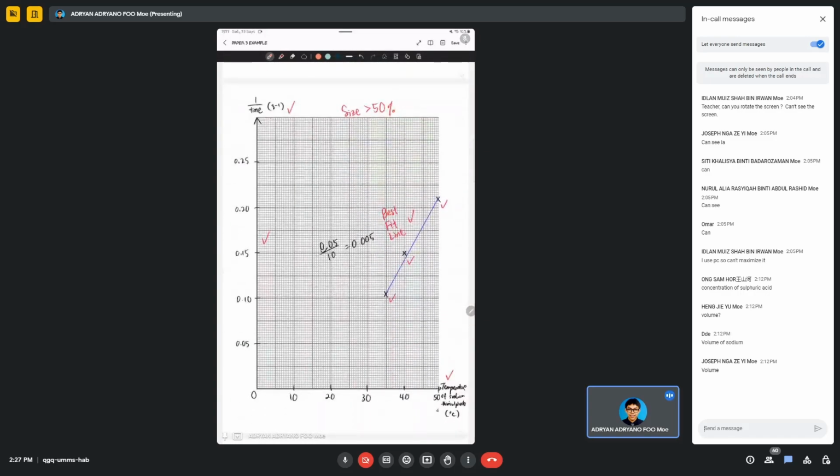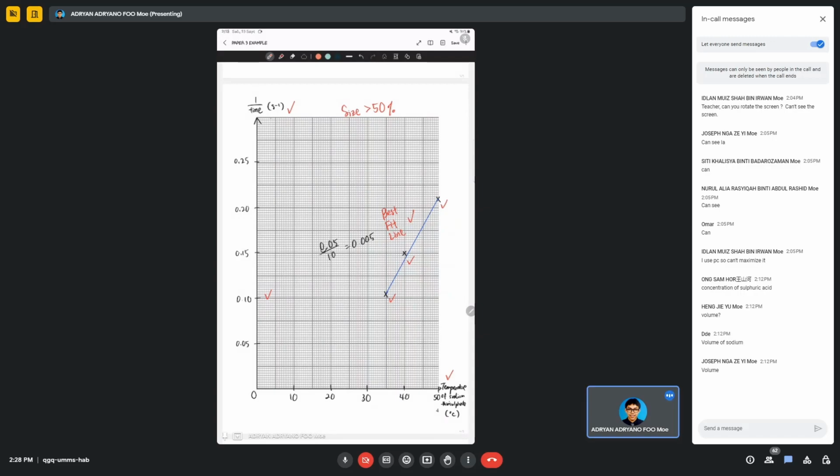One mark is for the x-axis and y-axis. As long as you label correctly with the units, you already have 1 mark. If your data really cannot produce a graph, you label the y-axis, x-axis and put in the values to show that you have the skill, then you get 2 marks. The third mark: even if your data is wrong, you still plot your points. If you have no time, just plot them, because you get marks from the points you put. Better still, you find the best fit line. As I said, not everyone can do the experiment correctly, so be honest to yourself.